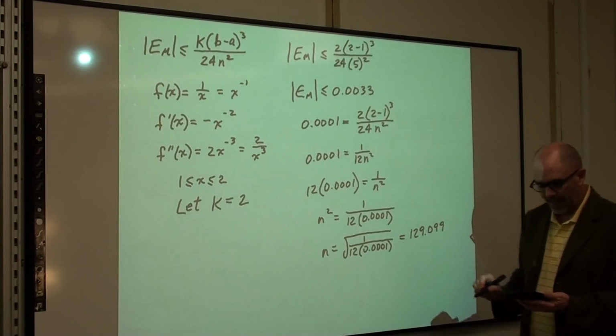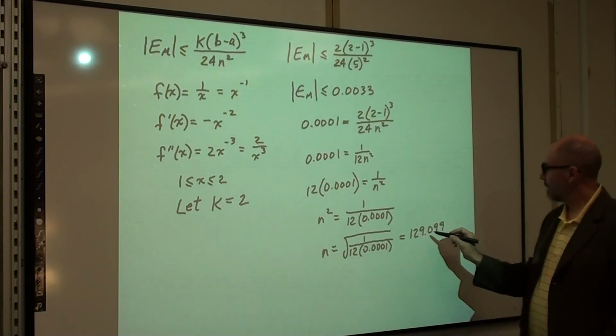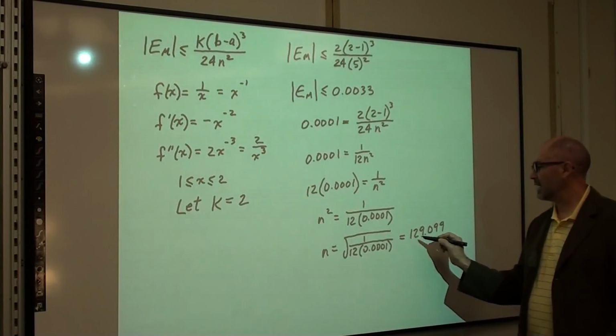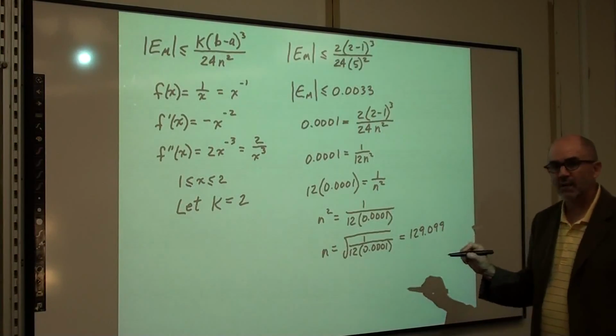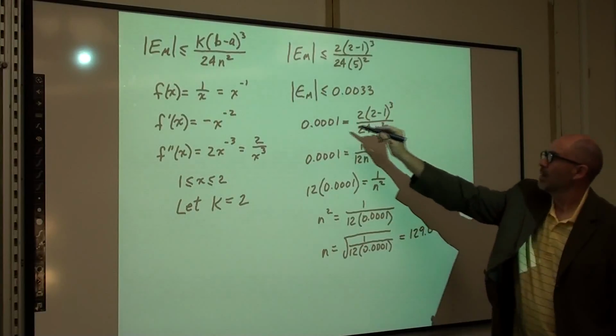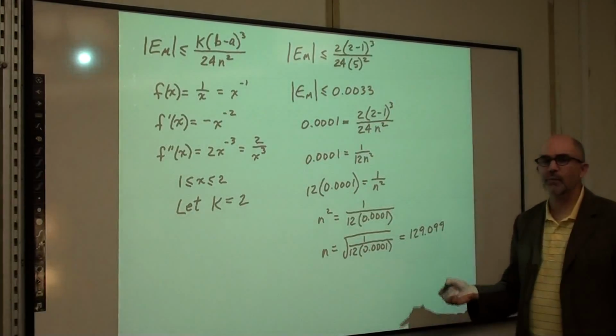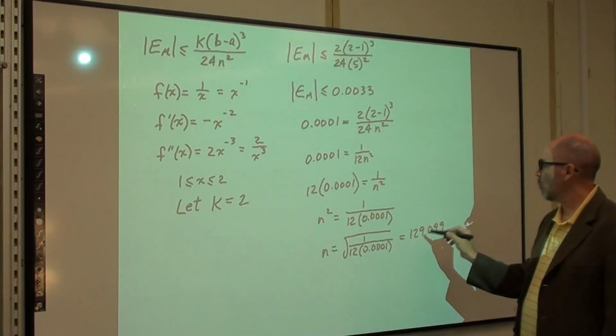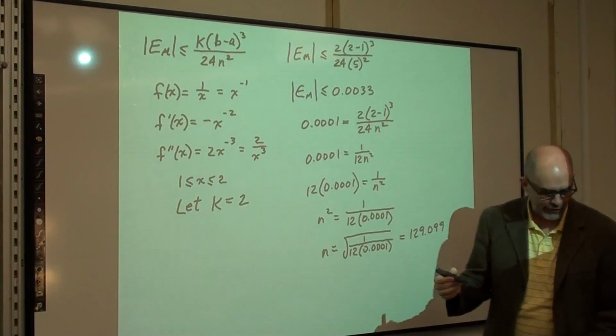Now, 129.099, it's tempting to just say, well, let's let n equal 129. But if we let n equal 129, then we don't have the accuracy that the customer demands. So we have to let n equal 130 to be guaranteed of it.